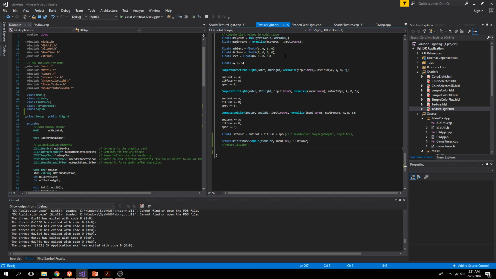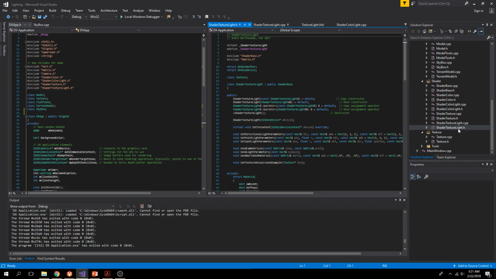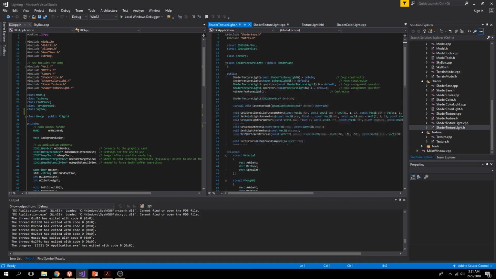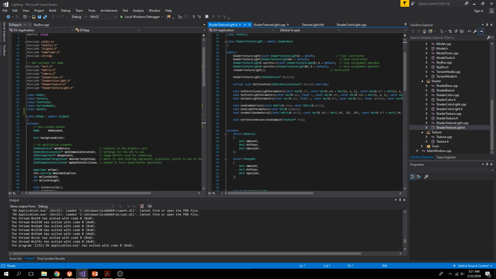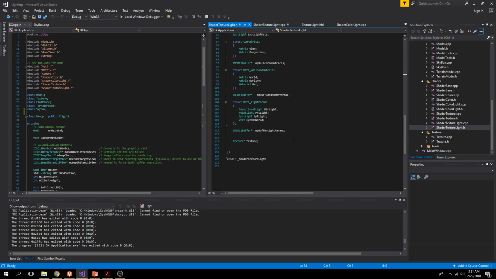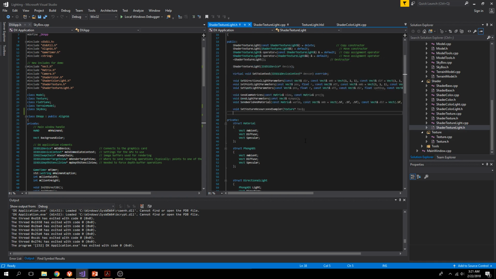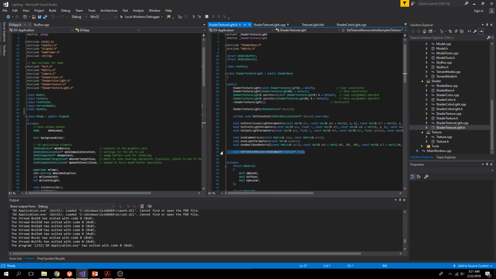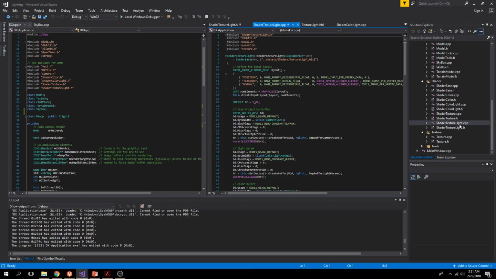So this is my texture shader class, shader light. Very similar to color light. The only difference is that I'm storing a pointer to the given texture, and I'm also setting the sampler for the shader.